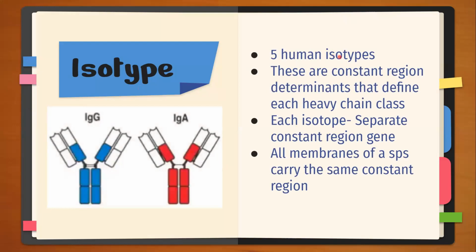These 5 different classes are based on the heavy chain, right? That is nothing but this constant region that is different in each of the immunoglobulins. So each isotype corresponds to separate constant regions. All members of a species carry the same constant regions. So IgG, IgA, they will all be the same in everybody's body.